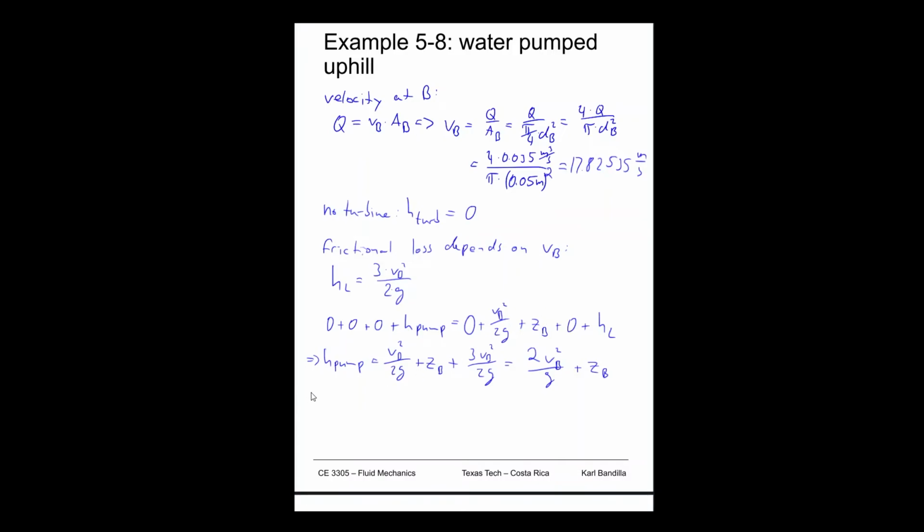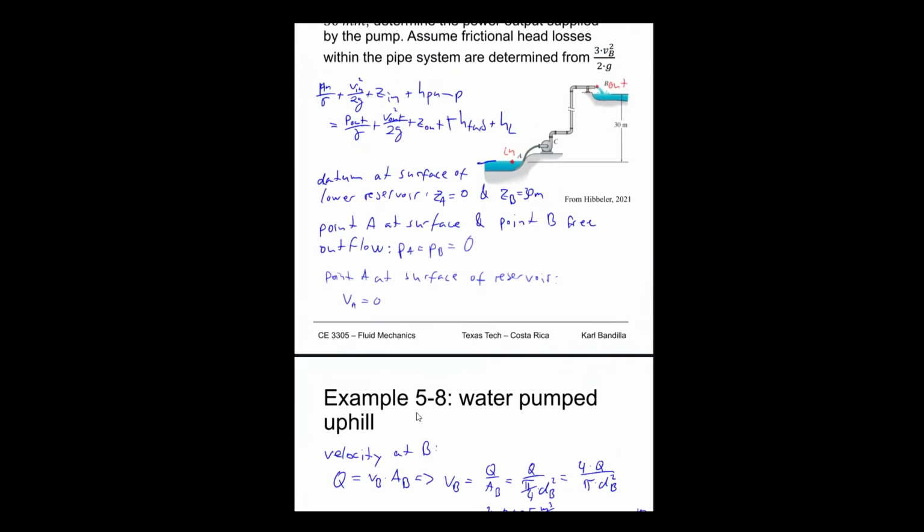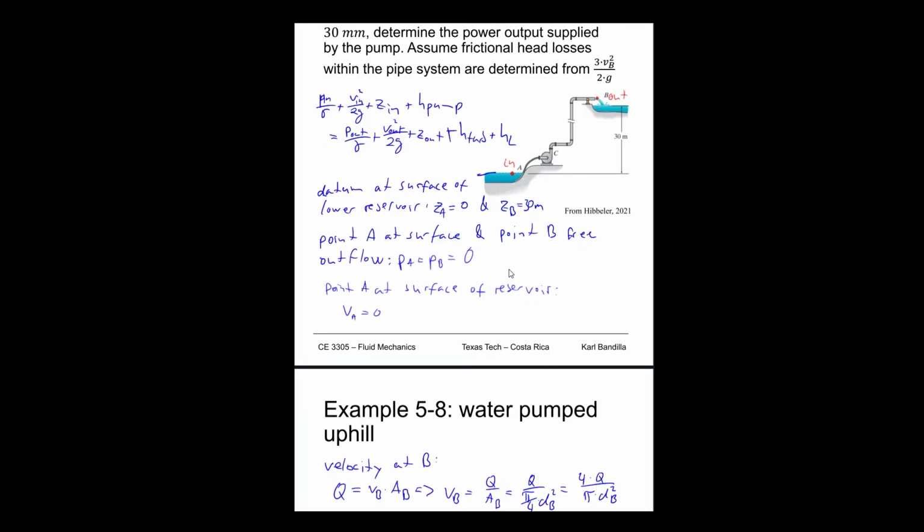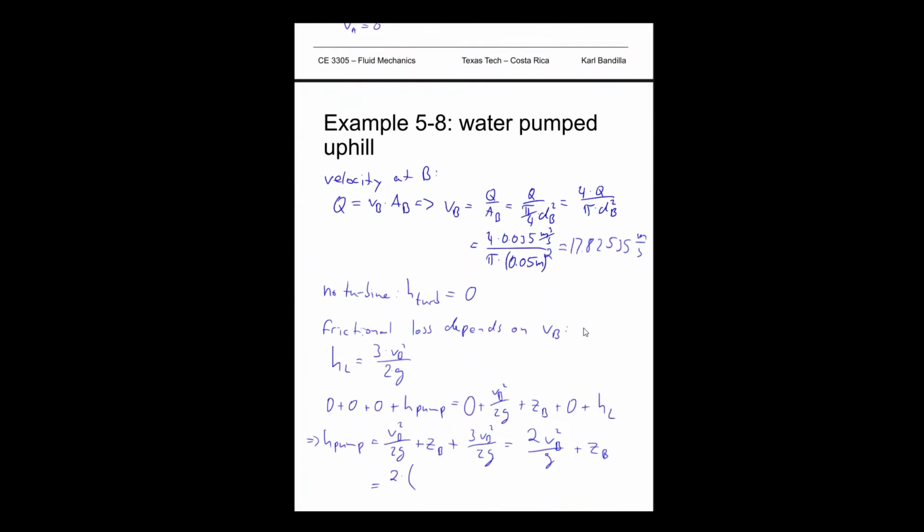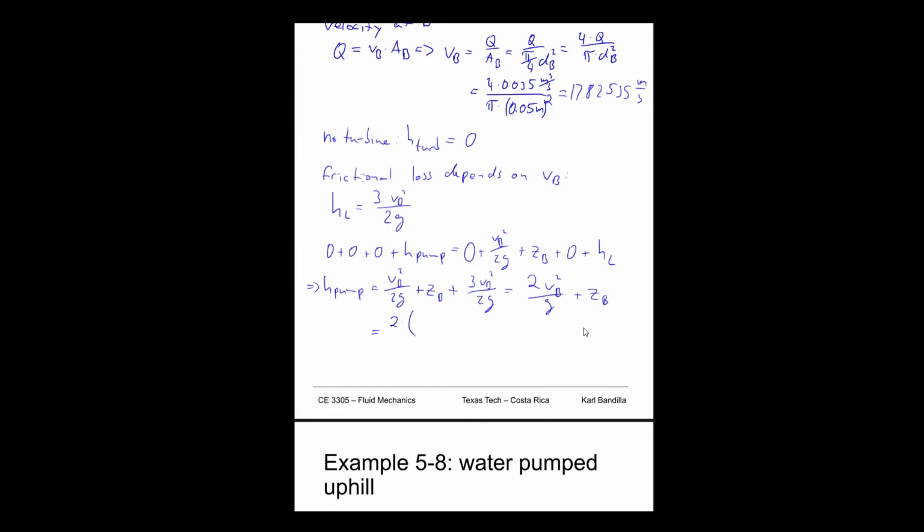Then we can plug that in. That gives us 2 times VB, which we calculated earlier, 17.82535 meters per second, squared.